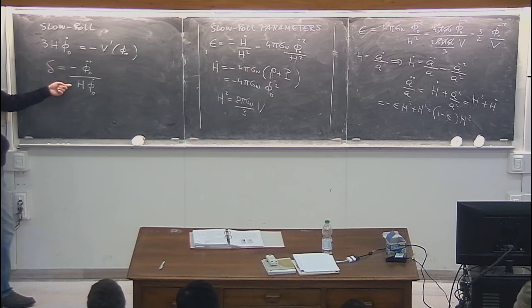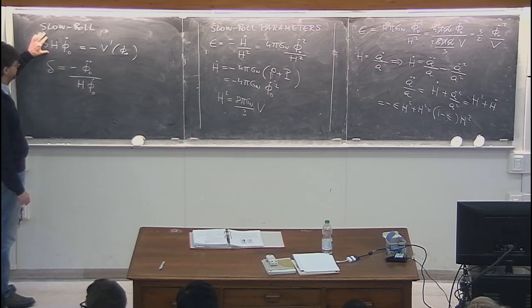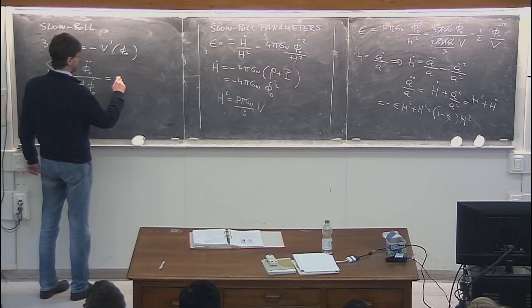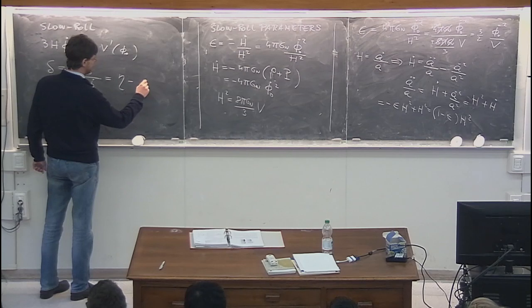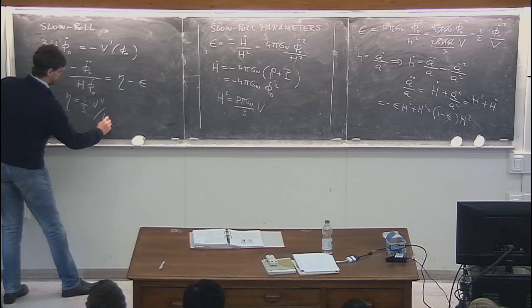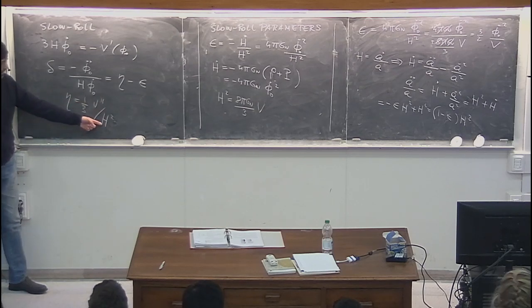Now, if you use this equation to compute this relation, you're going to discover that this delta is equal to another slow roll parameter, which I'm going to define now. The eta parameter is the second derivative of the potential with respect to phi, divided by H squared.